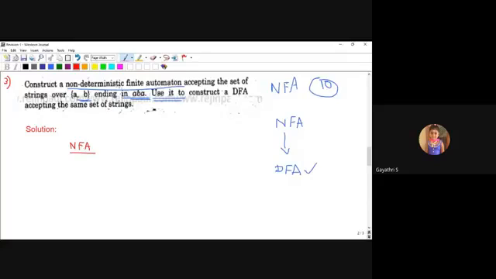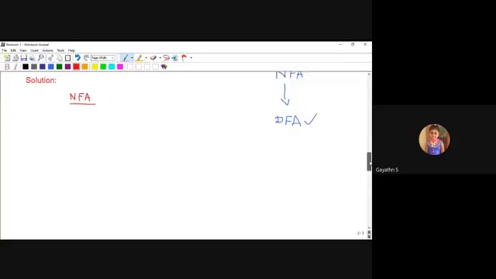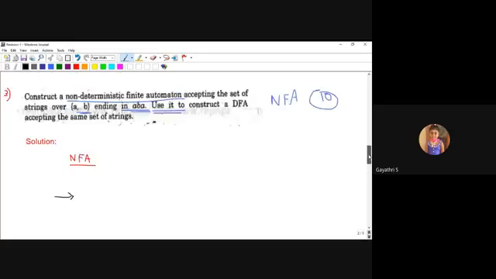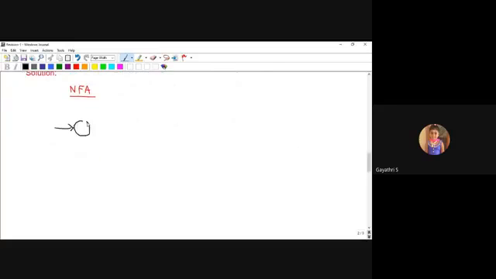Drawing the NFA is very easy compared with the DFA.